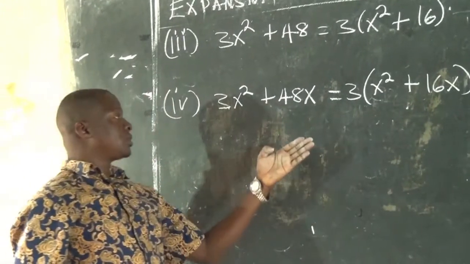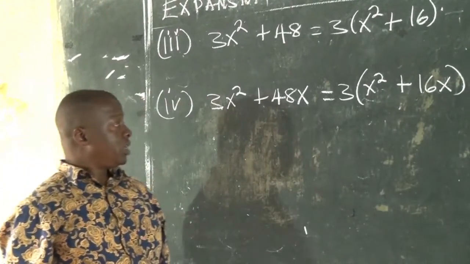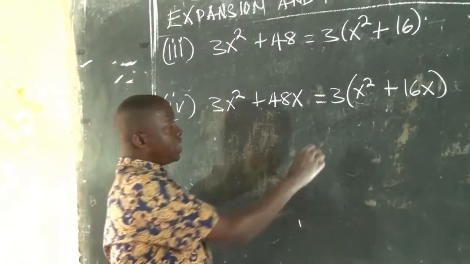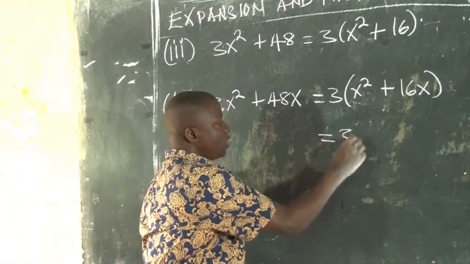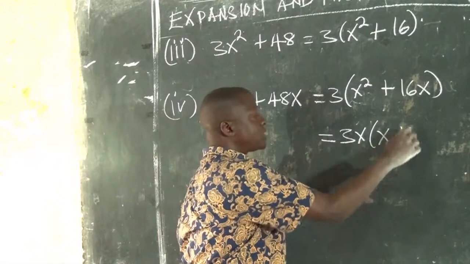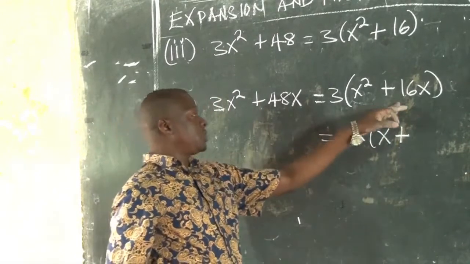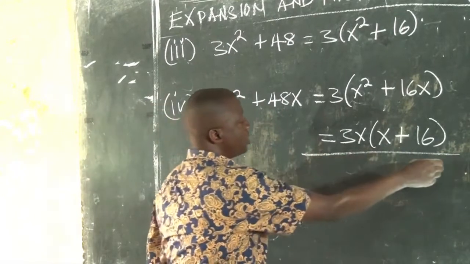For this case, we shall not say that this is the final answer. There is another common factor, that is x. Put it out, we have 3x into x plus 16x divided by x, it gives 16.